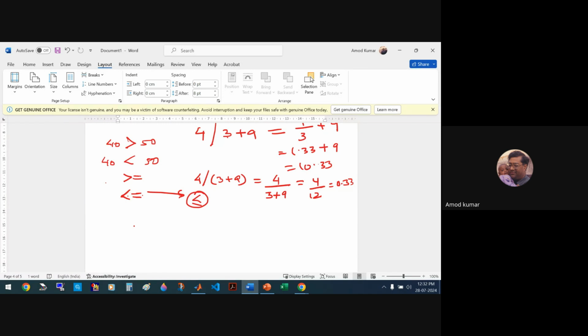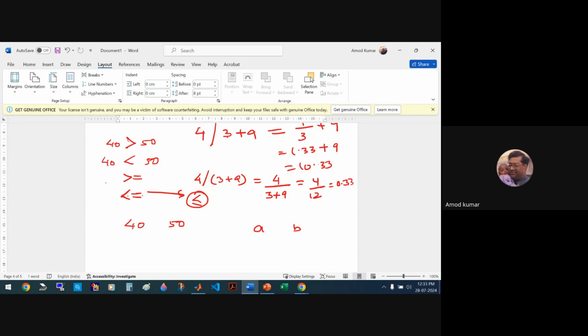Then equal to. Let us say you want to verify whether 40 is equal to 50 or not. You don't see the answer; I'm just telling you the operations. We know that 40 is not equal to 50, but you want to verify whether variable A is equal to B or not.